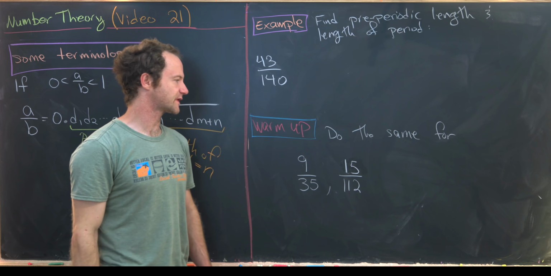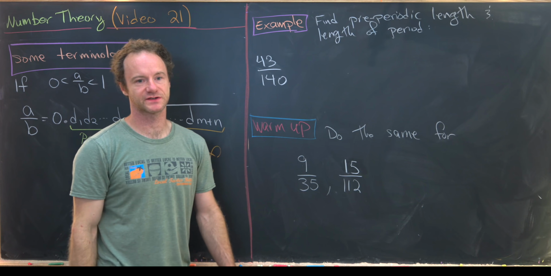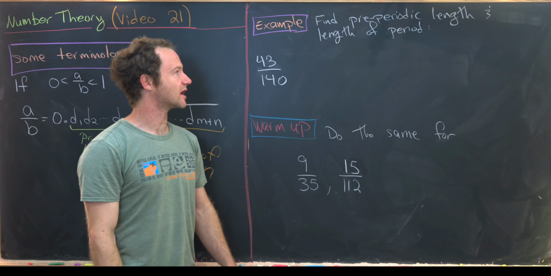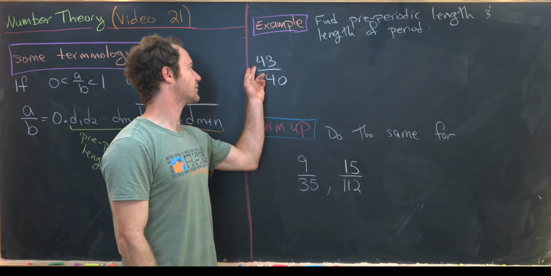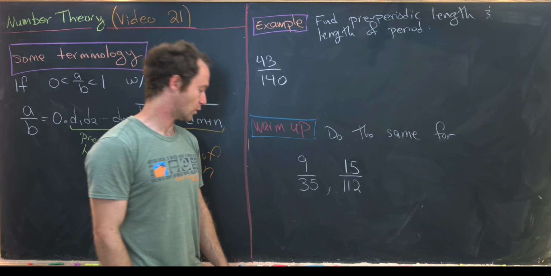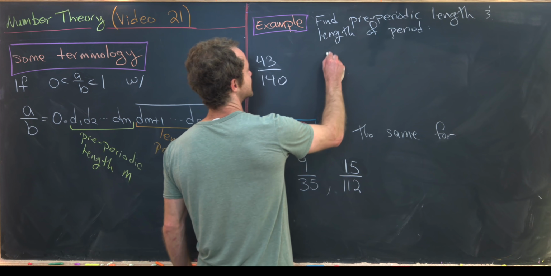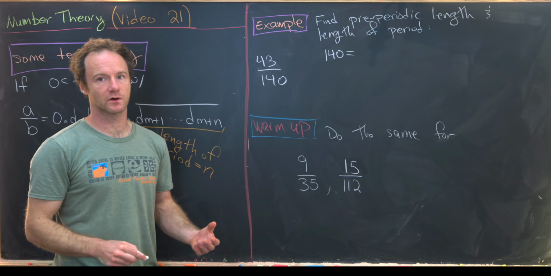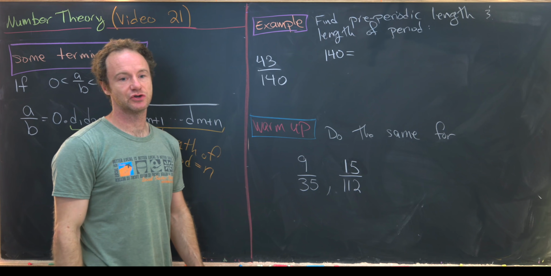Let's finish with a little example and then a warm-up exercise that builds off of this stuff. So let's find the pre-periodic length and the length of the period for the following rational number. We've got 43 over 140. The first thing that we want to do is write 140 in a factored form using powers of 2 and 5.